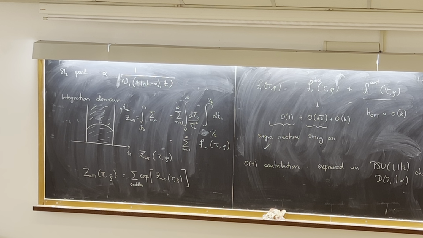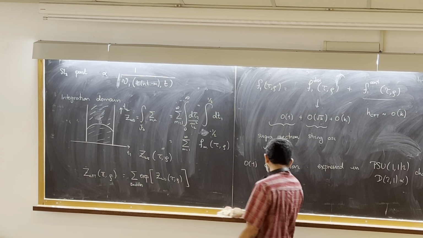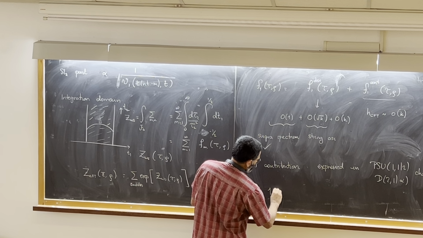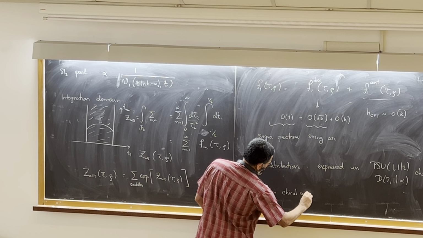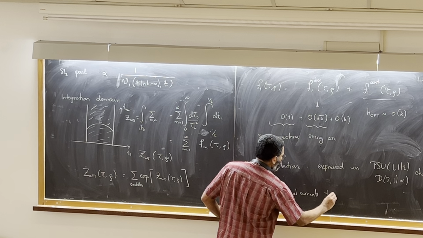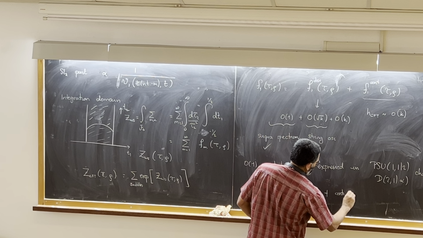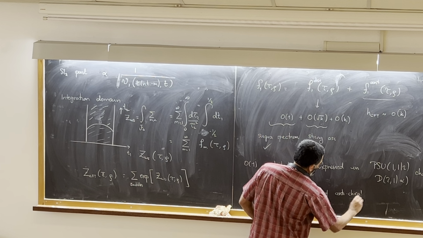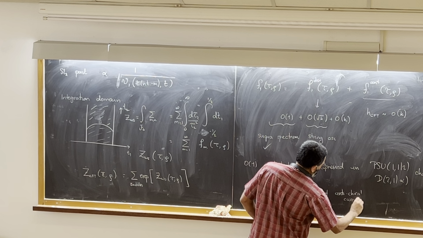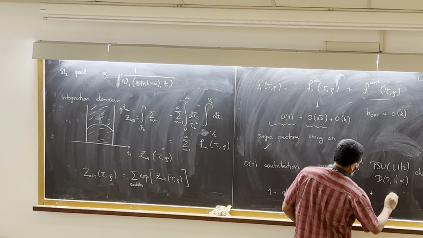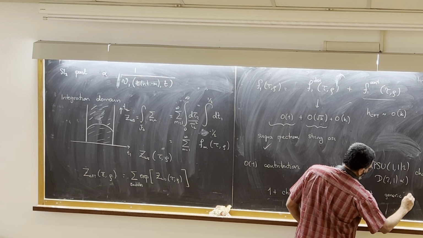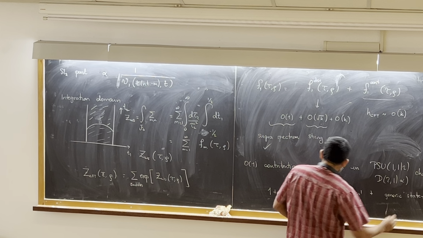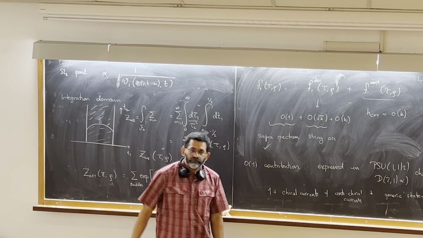Importantly, at the very lowest level, these characters have two sets of states which contain chiral currents.